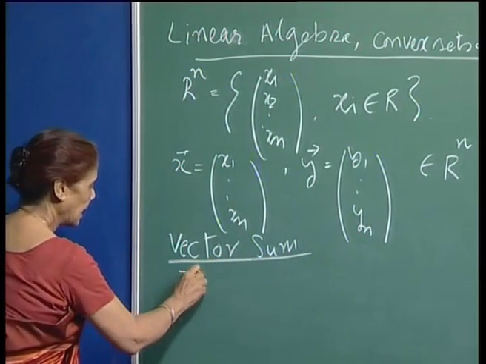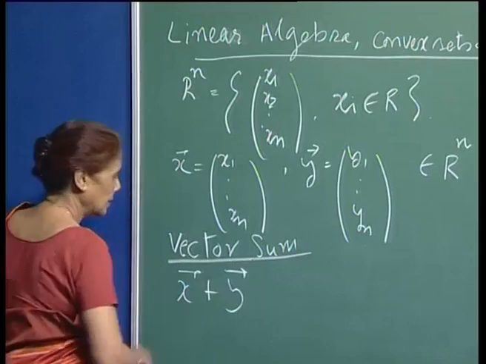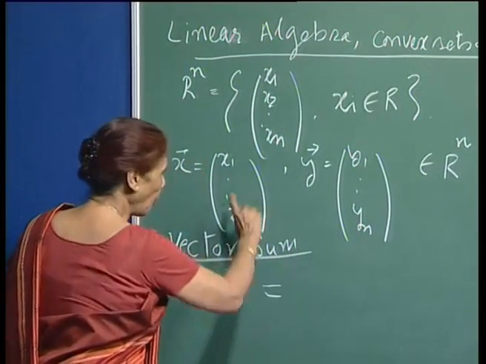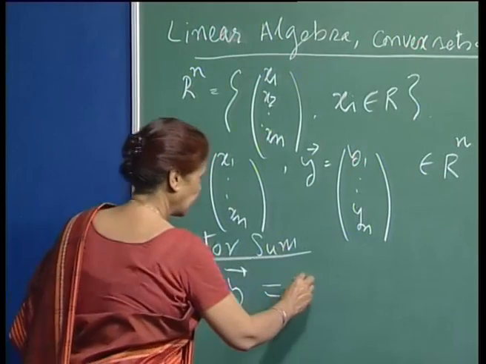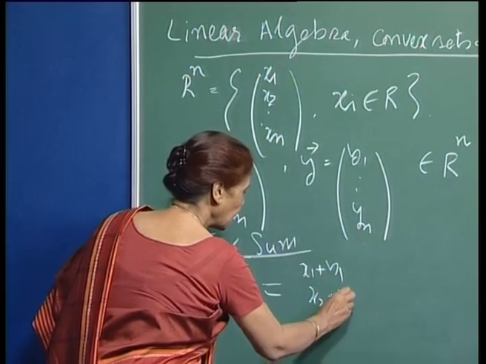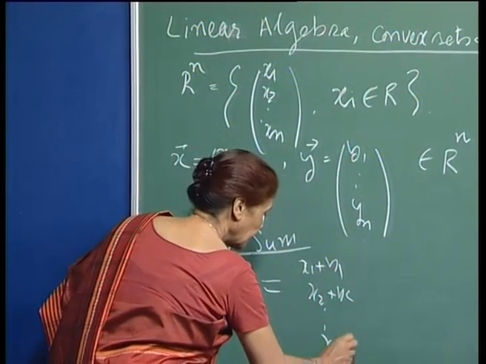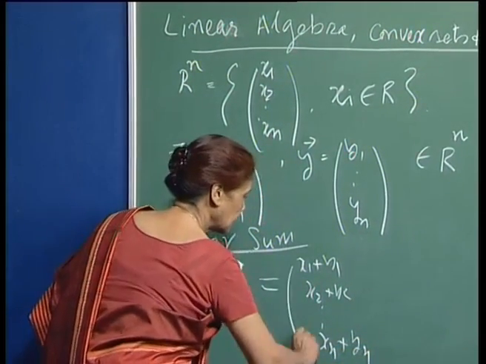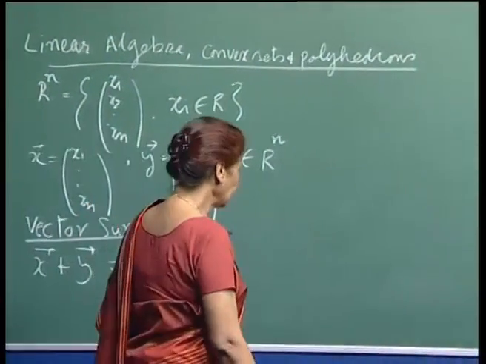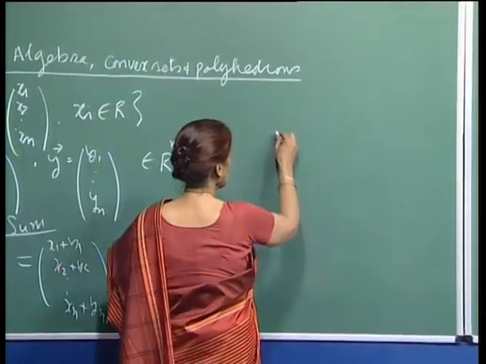The sum of the two vectors is nothing but the component wise sum: x1 plus y1, x2 plus y2, ..., xn plus yn.